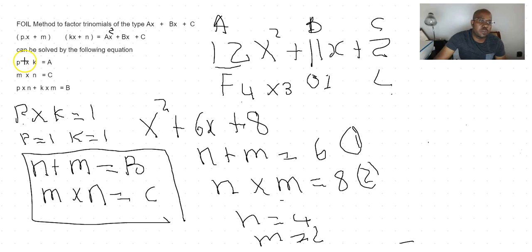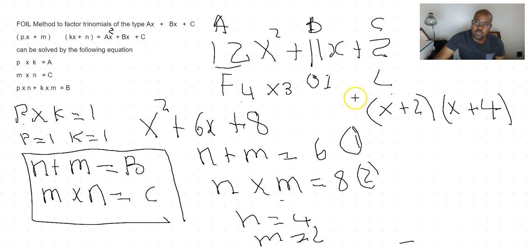By replacing them here, px is going to be x because it's 1, plus m equal to 2, and then kx, k is still 1, so I'm going to have x plus n equal 4. There it is. Here is my solution.